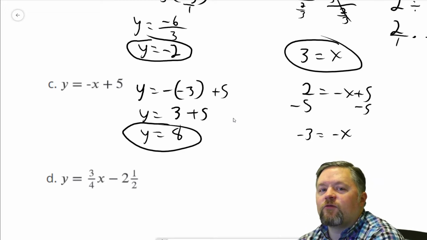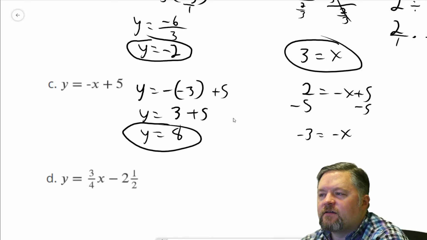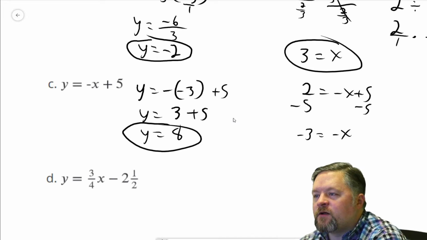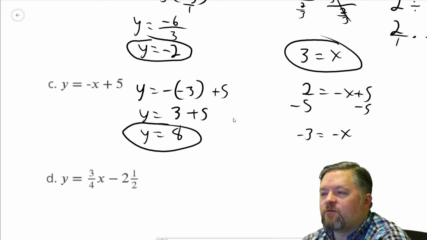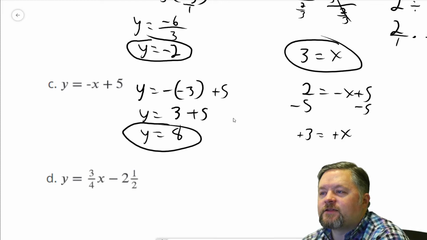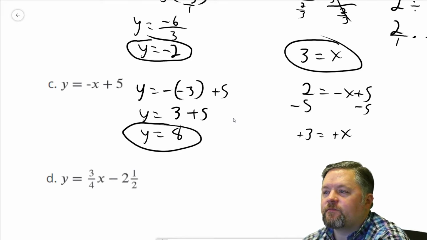So how do we get rid of that negative sign? Basically, we can divide each side by negative 1, multiply each side by negative 1, but all we really have to do is flip the signs. That's what multiplying by negative 1 would do. So x equals 3.